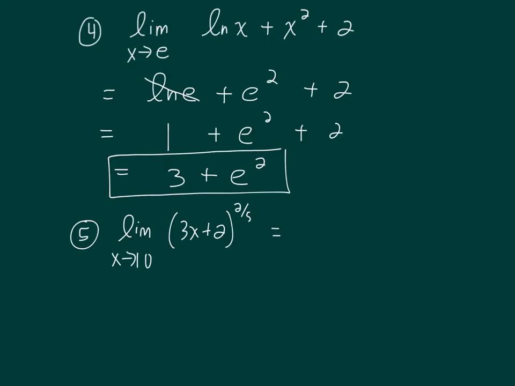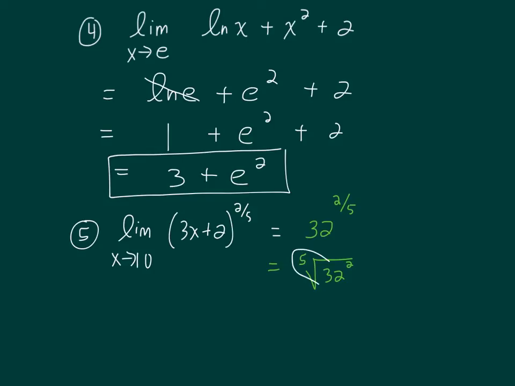Okay, in our last example here, we have the limit as x approaches 10. You see 3x plus 2, that whole quantity raised to the 2/5. So we drop in our 10 for x, and we end up with 32 raised to the 2/5. Now this is certainly fair game for a no calculator question. A couple different ways of approaching this. One is you can recall that a fractional power is going to be a radical. 32 is underneath, the denominator of 5 is the root number, and then the numerator of 2 would become the square.